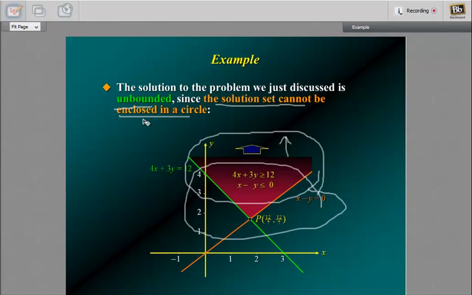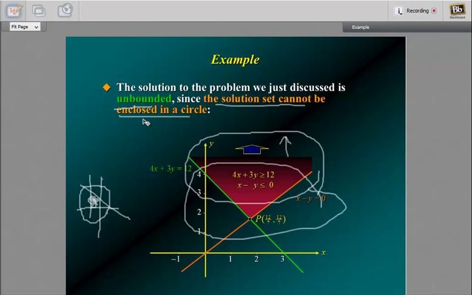If the problem is enclosed in a circle, for example, we have a problem like this, this is the feasible region, and this feasible region can be enclosed in a circle. So we say that it is bounded because this feasible region is enclosed in a circle.